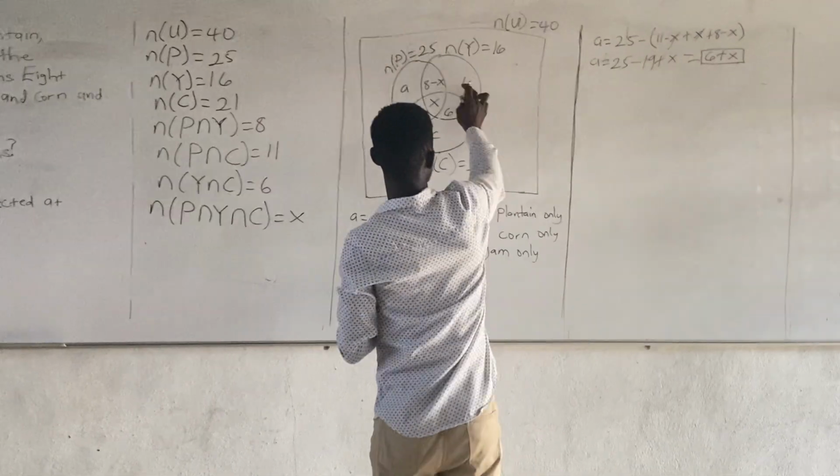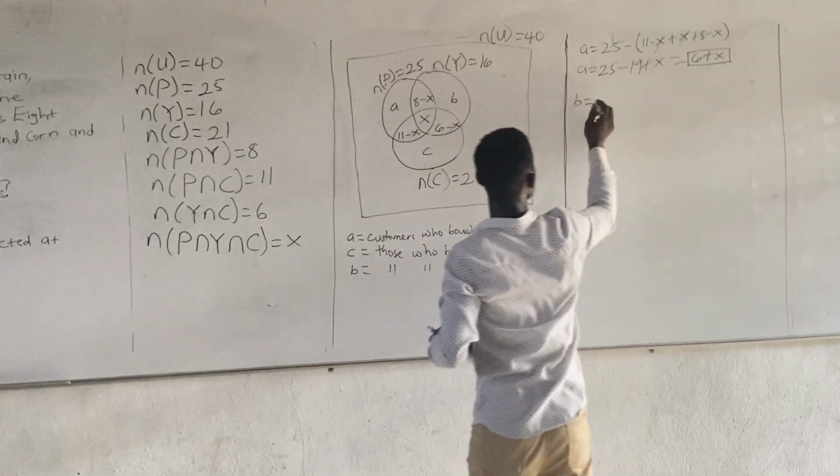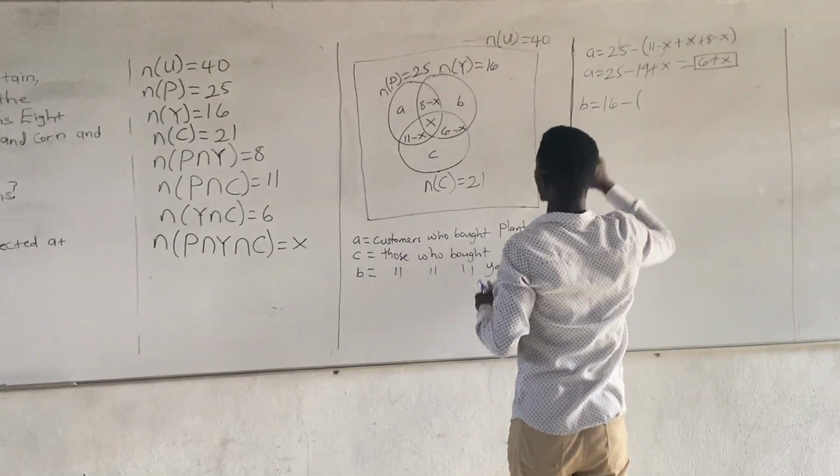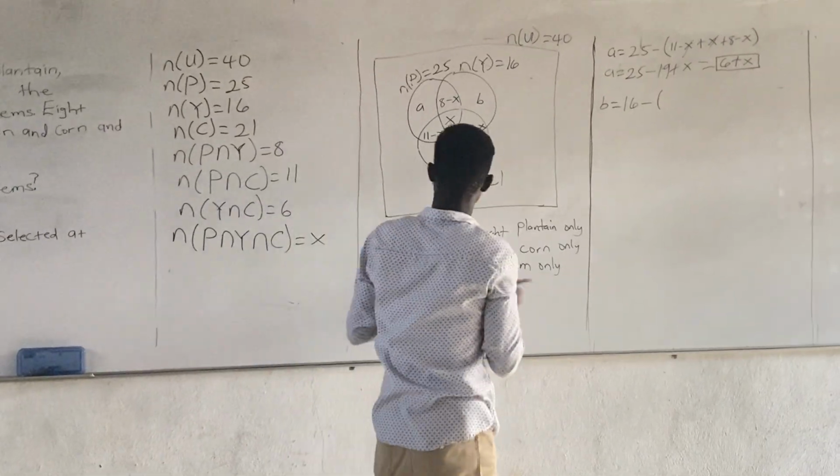And then we go for B. B will be equal to the overall cycle is 16 minus the other 3 regions. The sum of the other 3 regions.